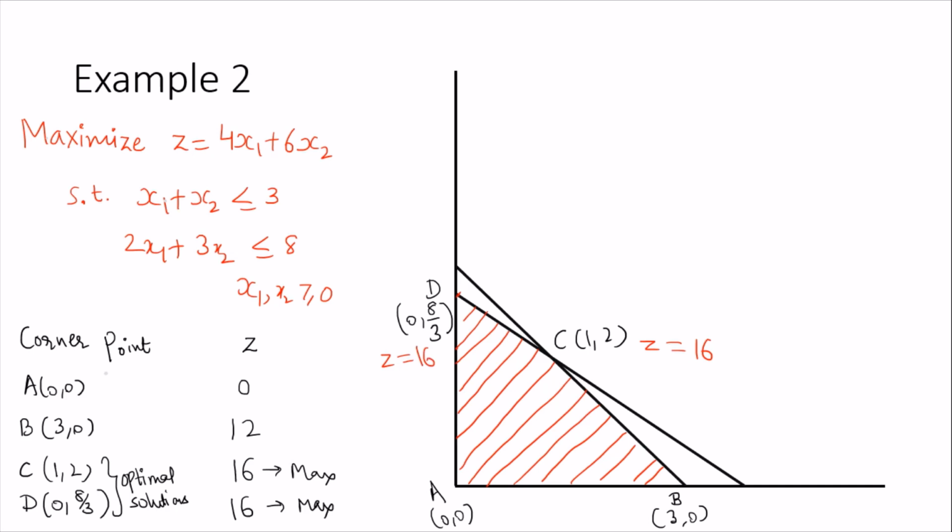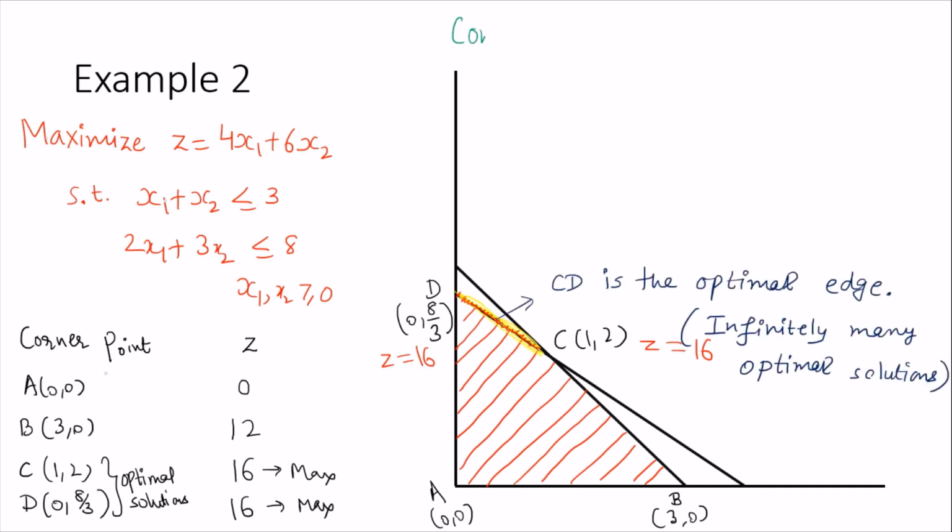So at both the points Z is the same, and in fact at all the points lying on the line segment CD, Z is turning out to be 16. So that means all of these are optimal solutions. So CD is the optimal edge in this case. So we have infinitely many optimal solutions.